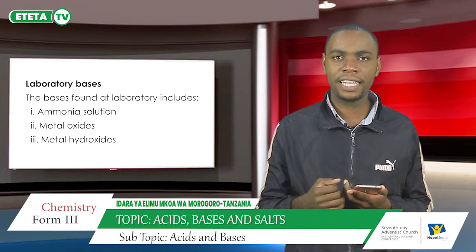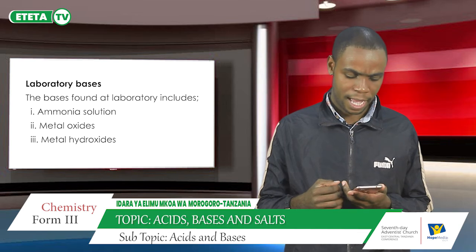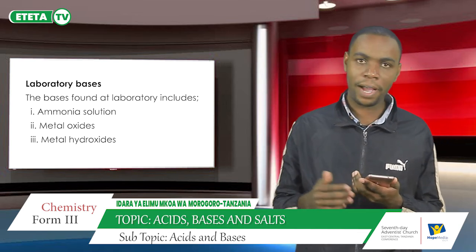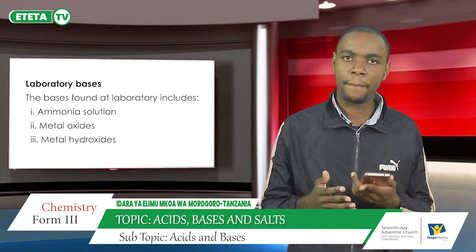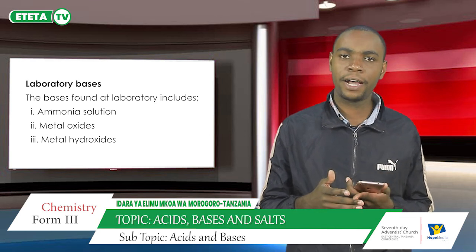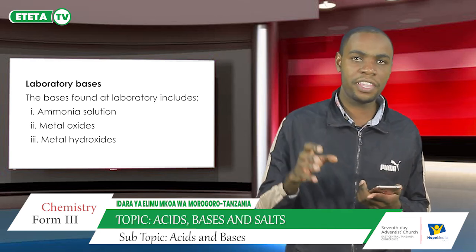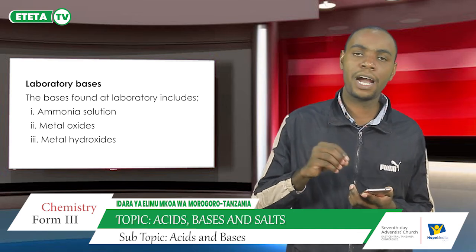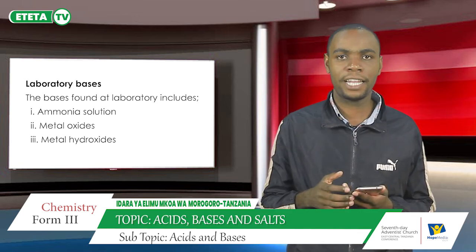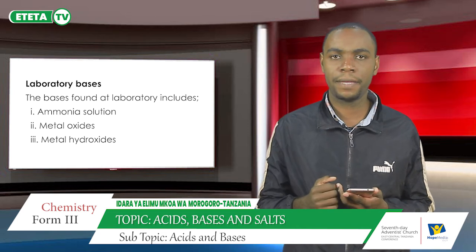All these are basic oxides. Another is metal hydroxides, including sodium hydroxide, potassium hydroxide, calcium hydroxide, and others. All these are bases which are found in the laboratory, and they are used for various experiments.